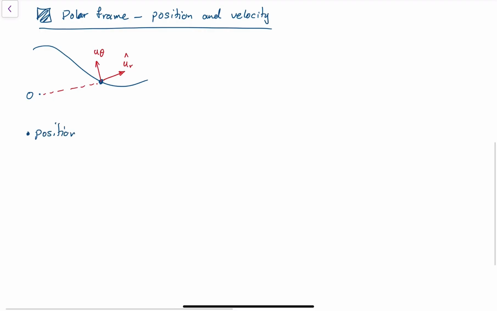Position. As you can see, by definition, the radial axis points from the origin to the location of the particle. So this vector R, which is our position vector, is by definition the distance, or let's call it just r, in the direction of the radial frame.